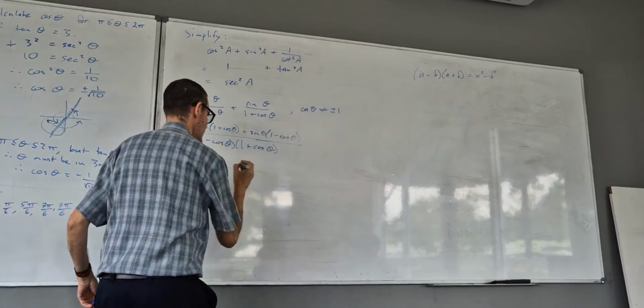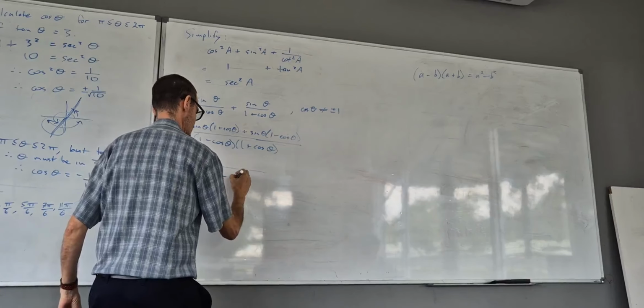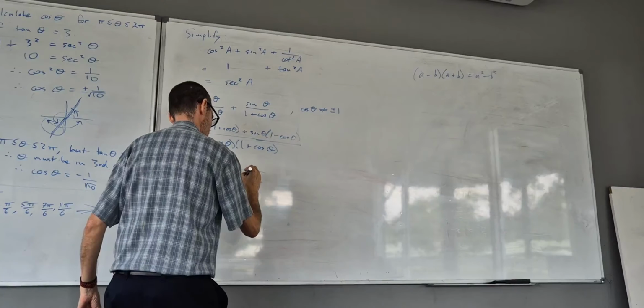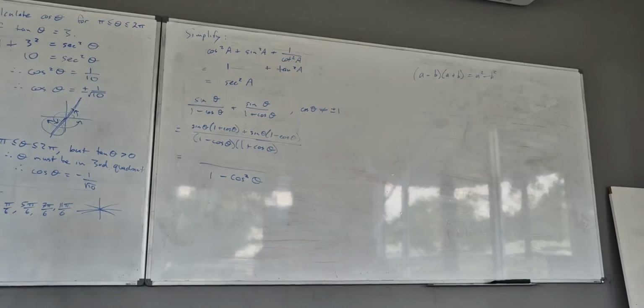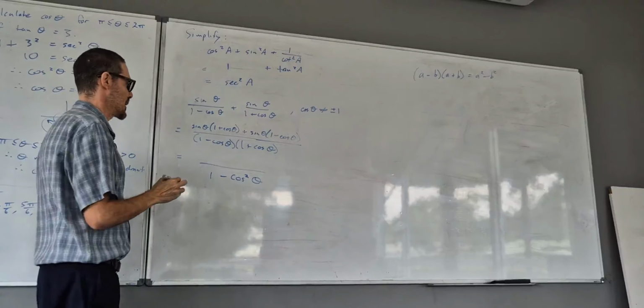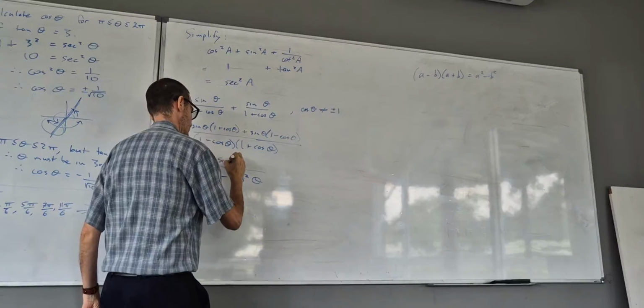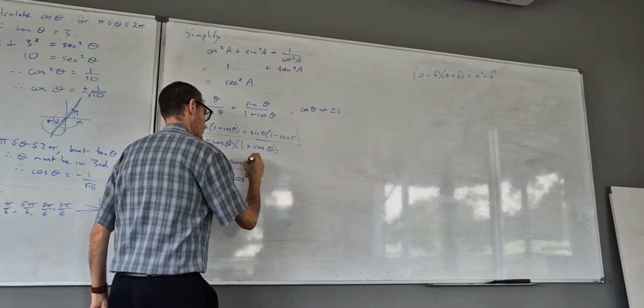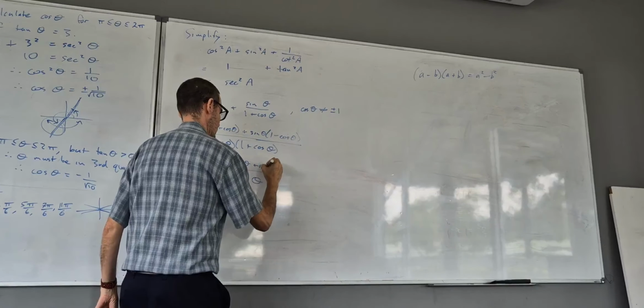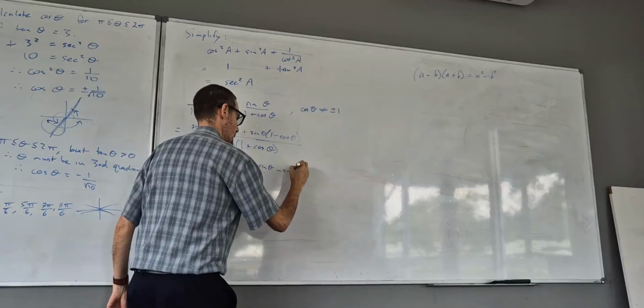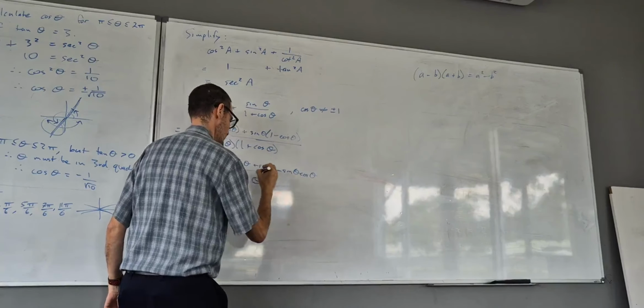So on the bottom is 1 minus cos squared theta. Hint, we're going to replace that next. What's on the top? Sine theta plus sine theta cos theta plus sine theta minus sine theta cos theta.